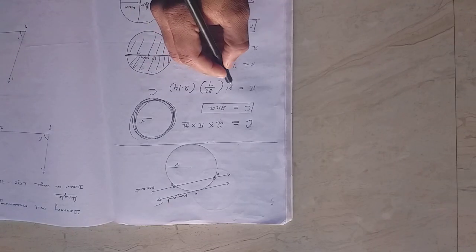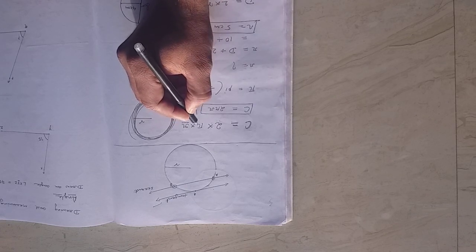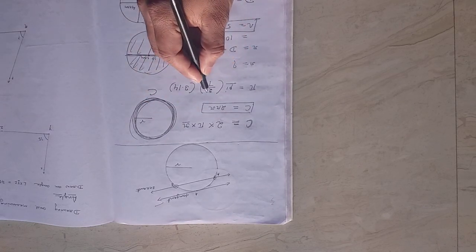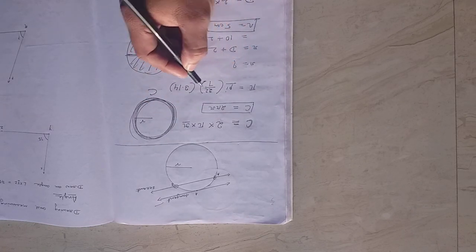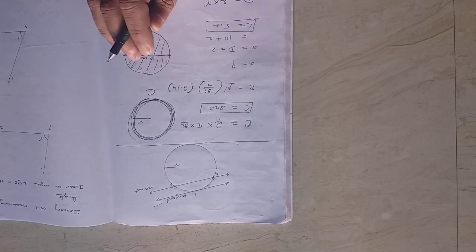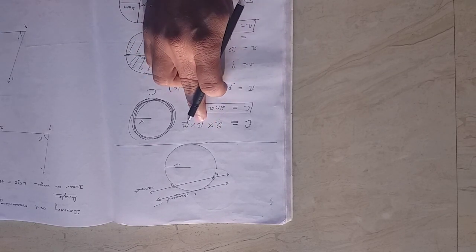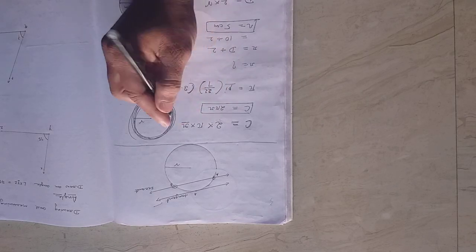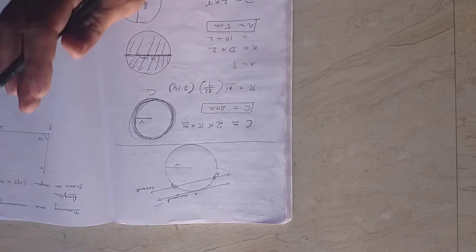See, this is a letter of a different language, and it is read as pi. The value in fraction is 22 by 7, and in decimal we write 3.14. So 2 multiply pi multiply r. What is r? R is the radius of that circle.